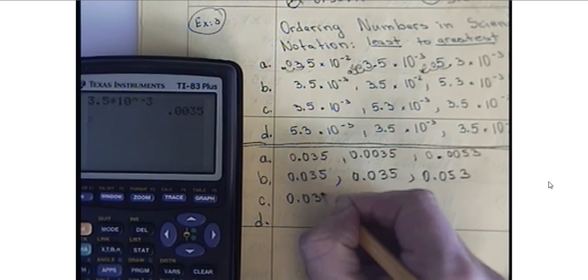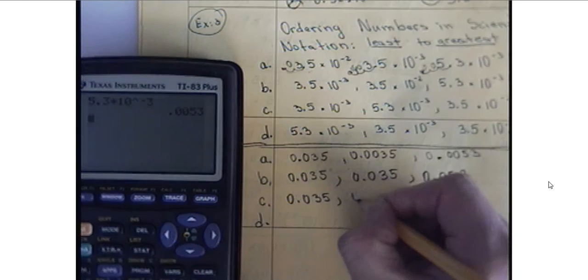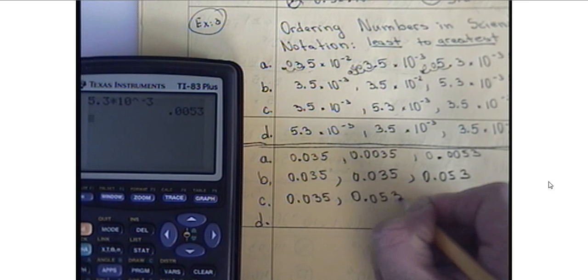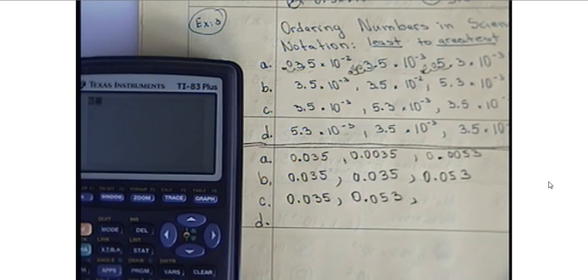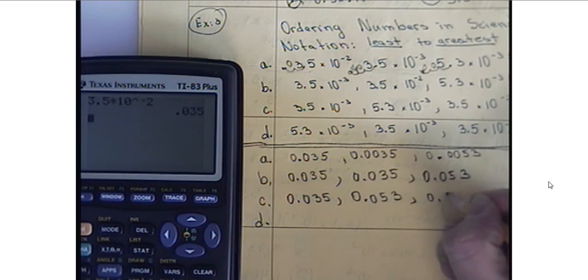Then next one will be 3.5 times 10 to the power of negative 3, 0.035. Next is 5.3 times 10 to the power of negative 3, again 0.053, and 3.5 times 10 to the power of negative 2, and this will be 0.035.